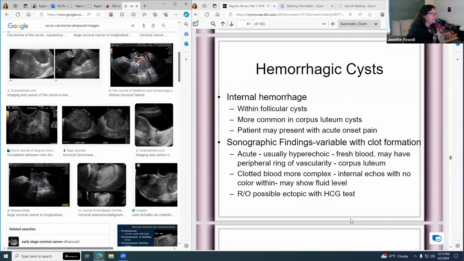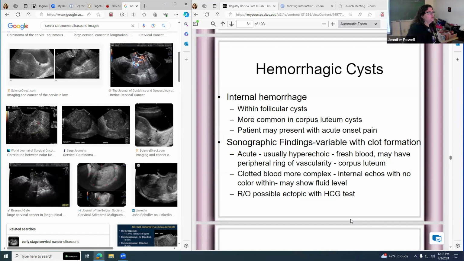Inside the cyst, you'll have those fine linear echoes. Acute, it will usually be hyperechoic because it's fresh blood, may have a peripheral ring of vascularity. The peripheral ring being the wall that's actually done the bleeding within the corpus luteum. Clotted blood becomes a little bit more complex.